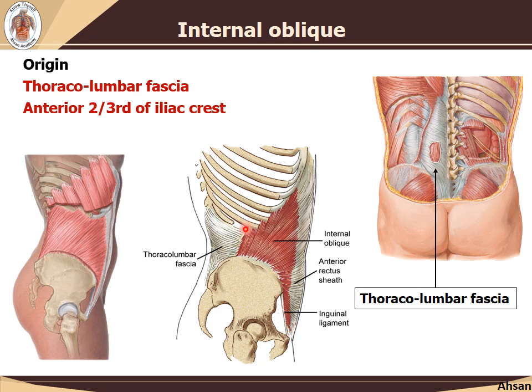So its origin is the thoracolumbar fascia, the anterior two-thirds of the iliac crest, and the lateral two-thirds of the inguinal ligament. So this is the area where the internal oblique muscle is attached.